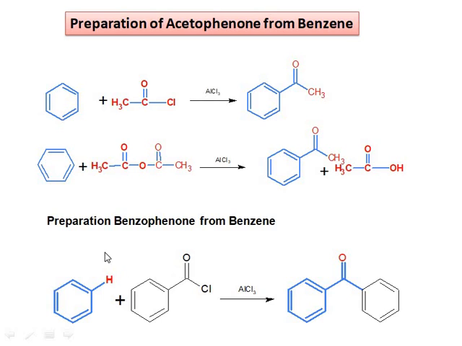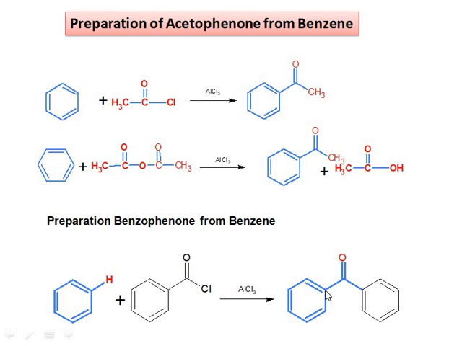Now we have seen the next reaction, the preparation of benzophenone from benzene. This is one molecule of benzene and the other molecule is benzoyl chloride. So a condensation reaction can happen, where the chlorine is replaced by the benzene ring.